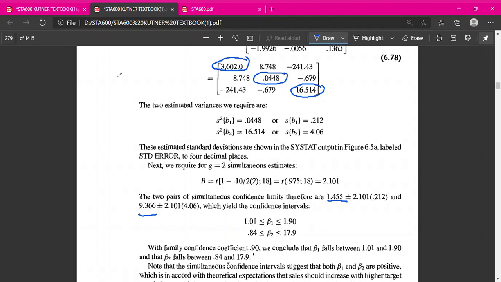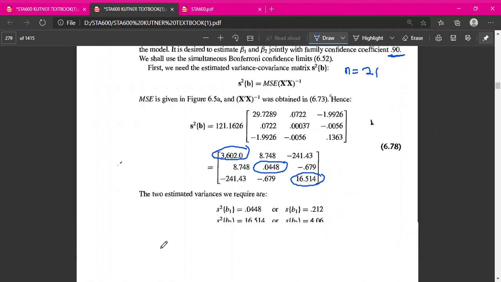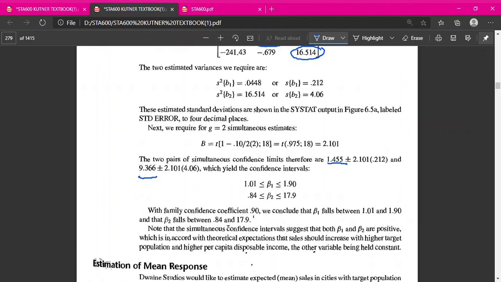So now we want to find the confidence interval. Here they use a 90% confidence interval. As you know, the formula for the confidence interval is beta k plus or minus t(alpha/2, n - p) multiplied by the standard deviation. So for beta 1 it is 1.455 plus or minus t(alpha/2), which is 0.1 divided by 2.